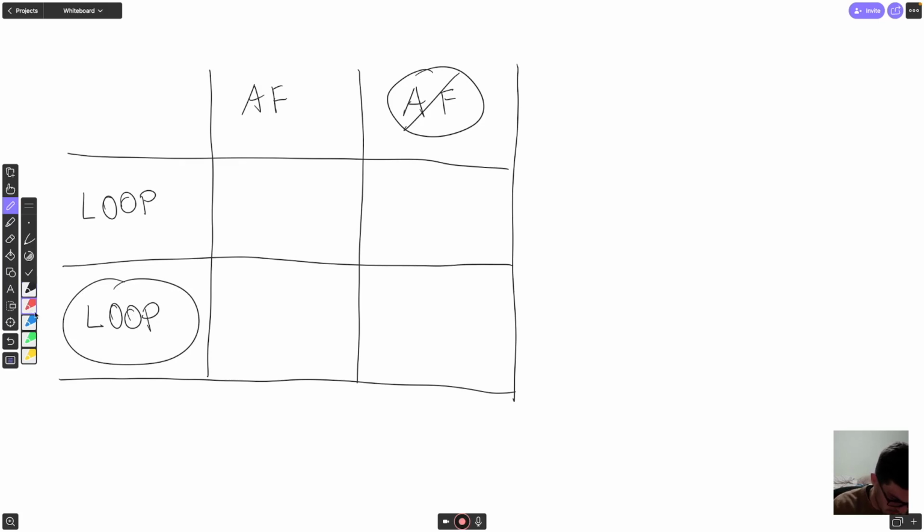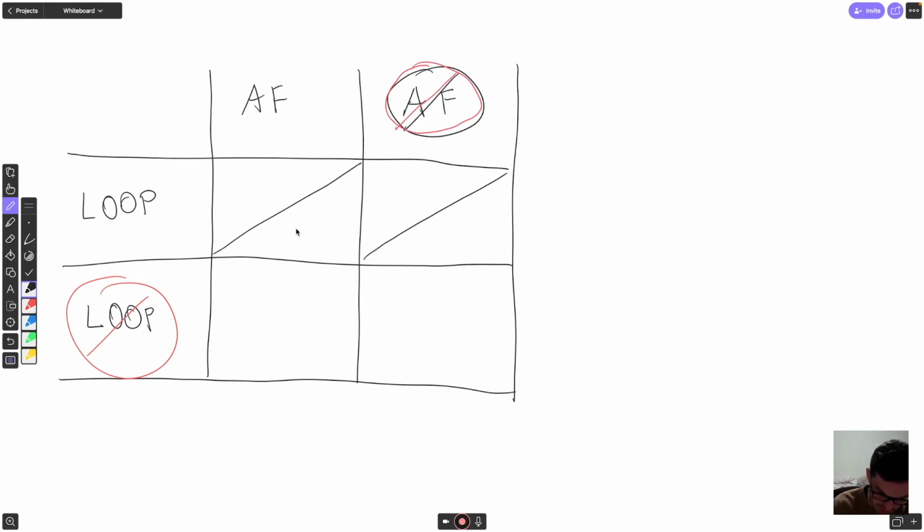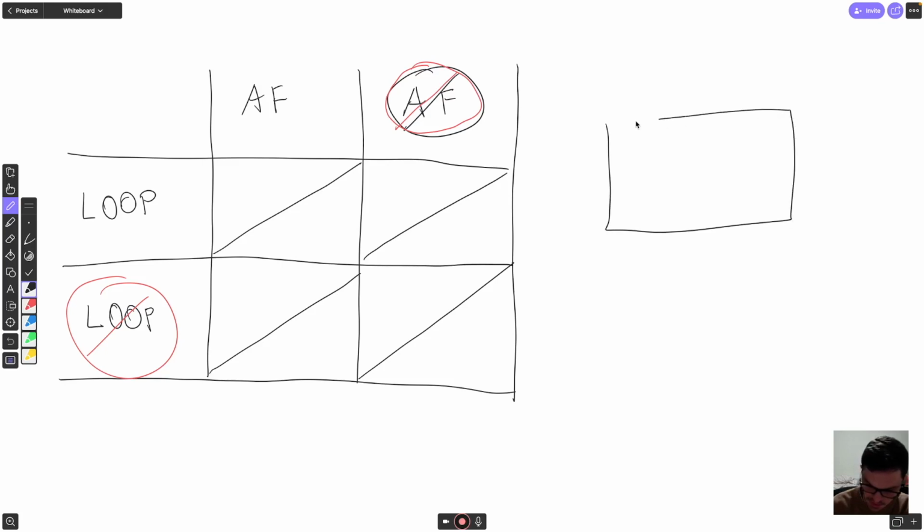All right. Maybe I'll draw that as a red circle. And then I'll do this one in red as well. That's a no. Okay. The one other thing is, notation wise, I'm going to put a little diagonal through each of these. And then, over here we're going to describe what happens in the box.